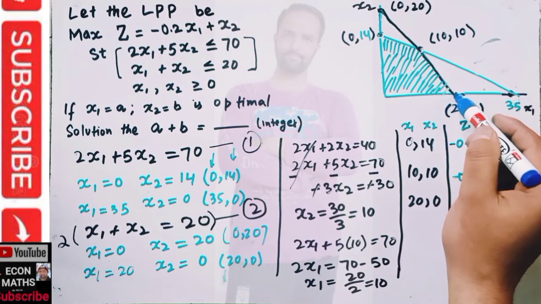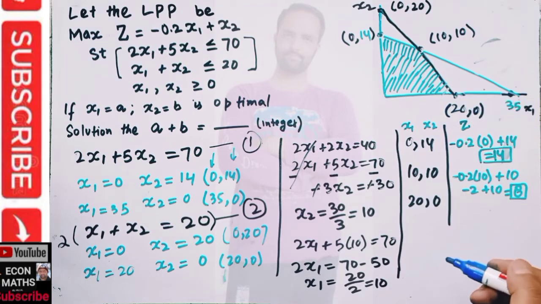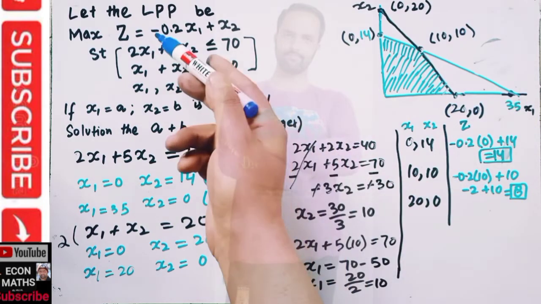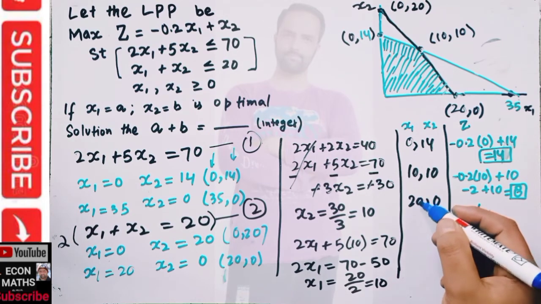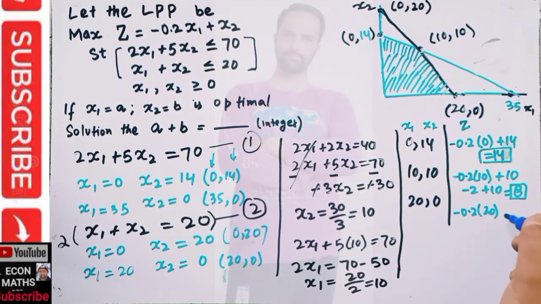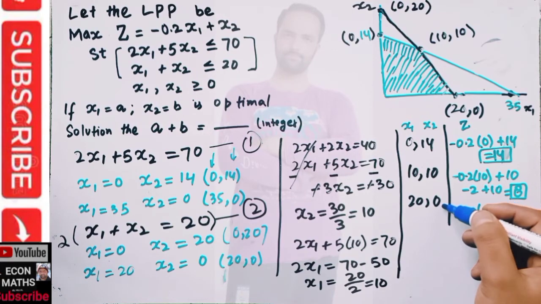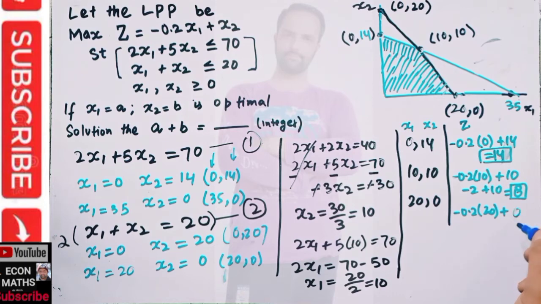On this point, let's plug again. We have minus 0.2, x1 is 20, plus x2 is 0. So this will be a negative number, it will be minus 4.